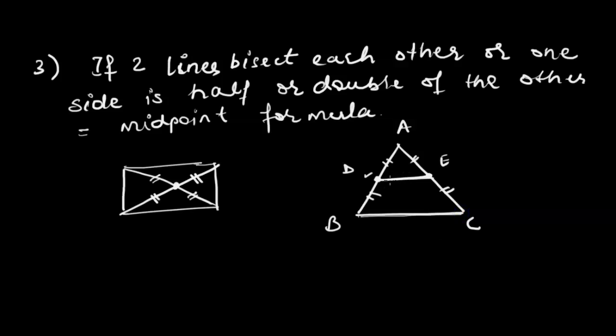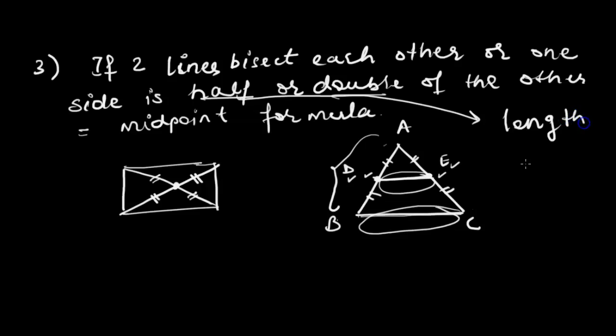So we can first find out the coordinates of points D and E by using the midpoint formula, as D lies right in the middle of AB and E lies in the middle of AC. Once we know the 2 points, then we can use the length formula to prove if this side is half of this or not. So half, double, this can come using the length formula as well.